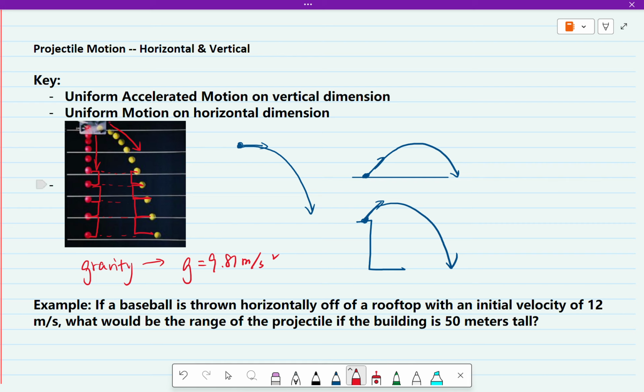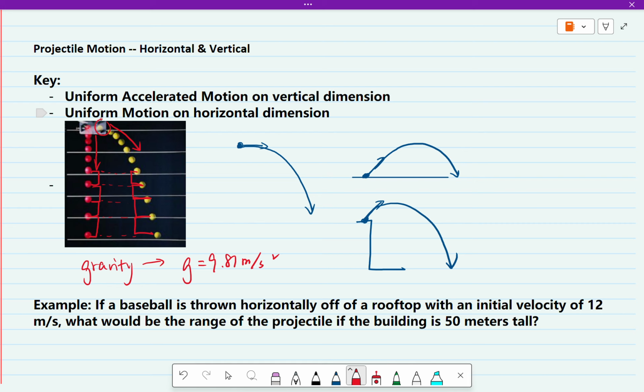And if we look at this yellow ball right here, we can see that despite the fact that it has a horizontal initial velocity, that does not affect the vertical acceleration experienced through its motion.